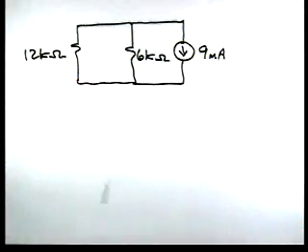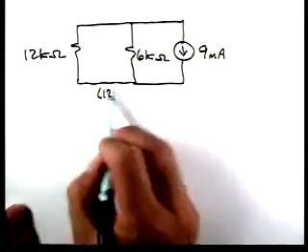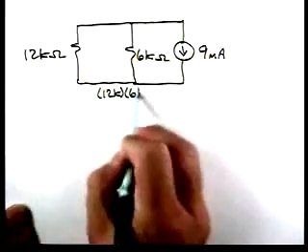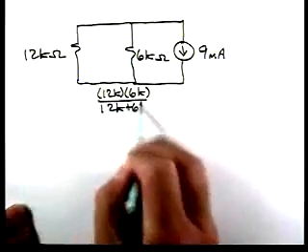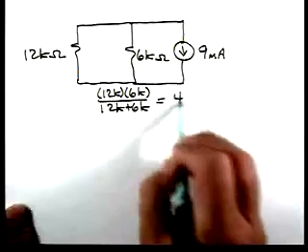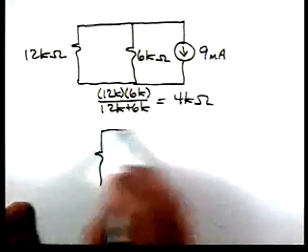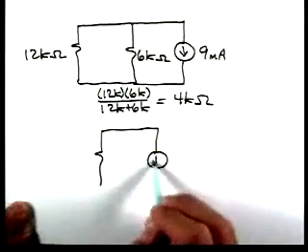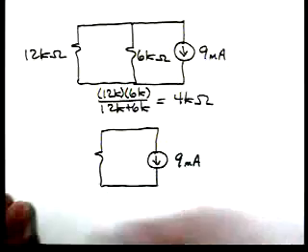And now these two resistors are in parallel. We can use our product over the sum calculation. It's 4 kiloohms. So now we can reduce our circuit down, in accordance with our problem-solving strategy, to this circuit.